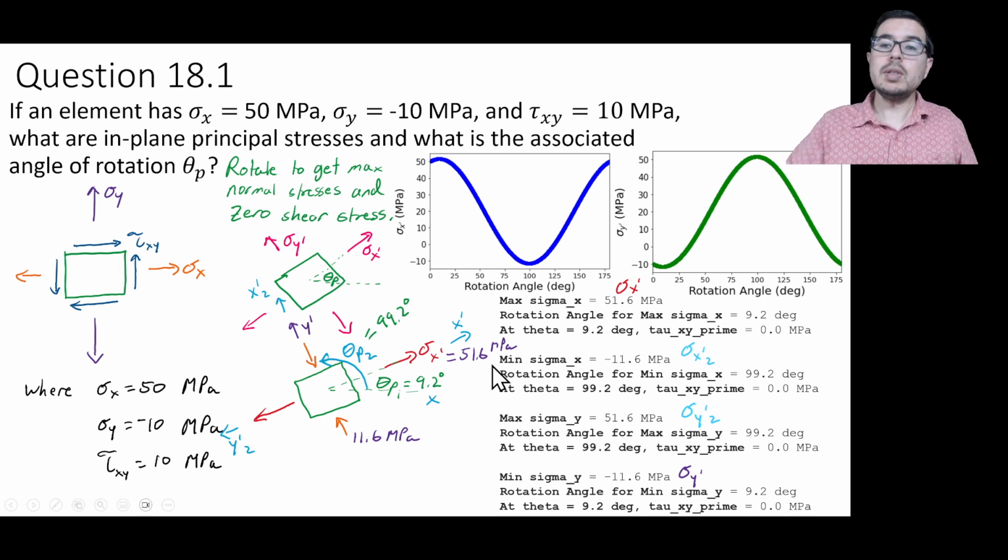So using this trial and error approach is helpful to be able to figure out what is happening with the in-plane principal stresses and finding the angles associated with their rotation. I hope you find this example helpful. Thank you.